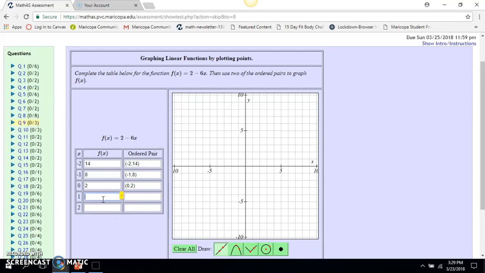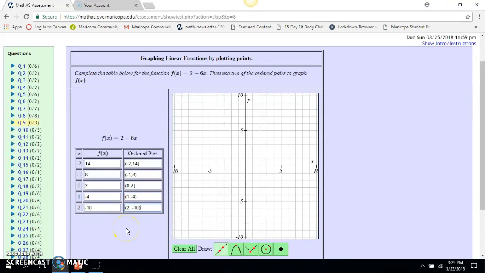An input value of 1 gives us an output value of -4. So our ordered pair is 1, -4. And when our input value is 2, our output value is -10, which gives us an ordered pair of 2, -10.